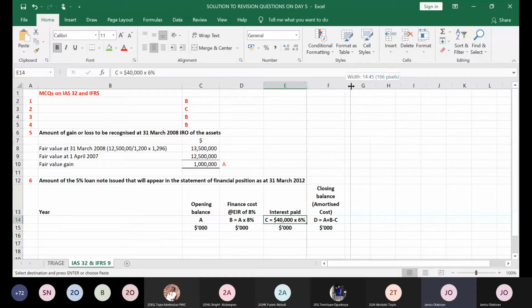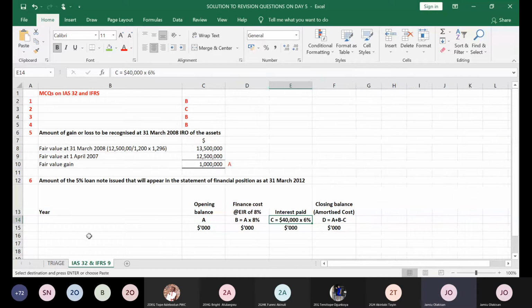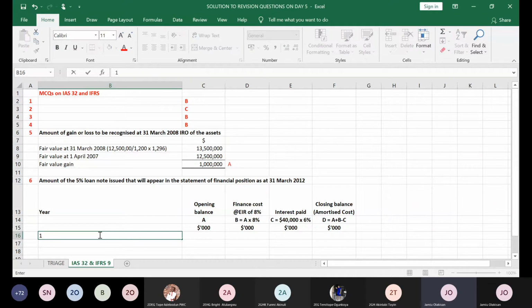So if you already understand that it's going to be the same, that means you already know what we want to do here. Whenever you want to determine amortized cost, you follow the same process. The first year is the year that ends on 31 March 2011, because it was issued on 1st April.